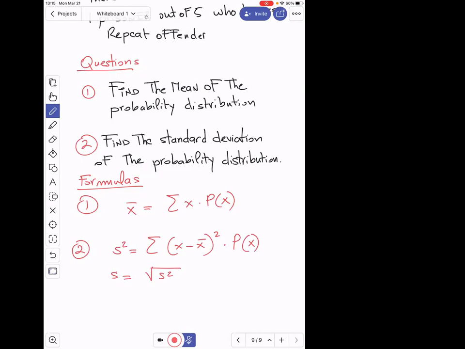All right, so I'm going to give you a couple of minutes to think about number 1 and number 2, if you know how to apply the formula.